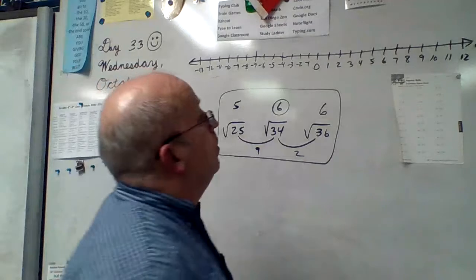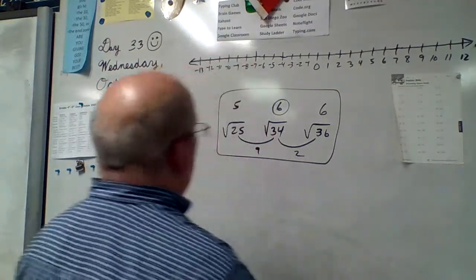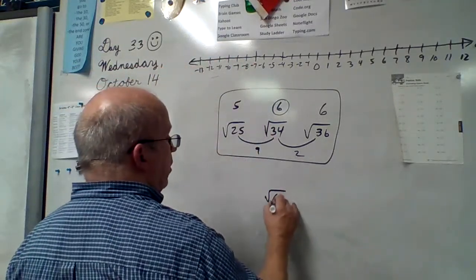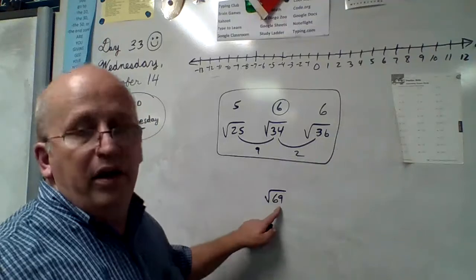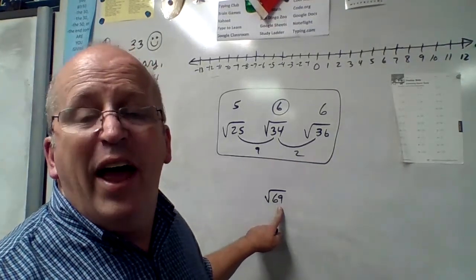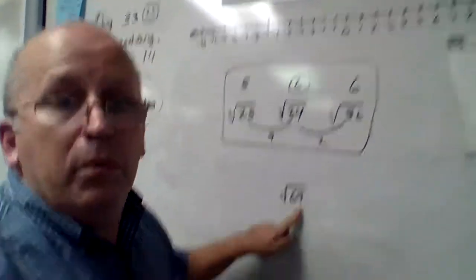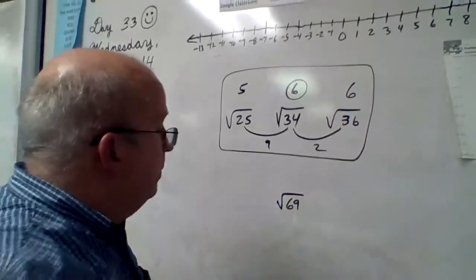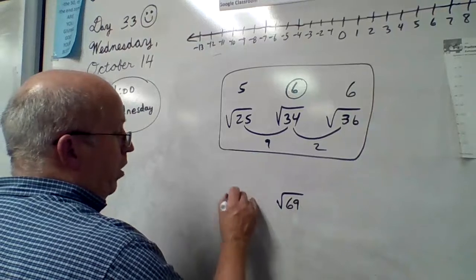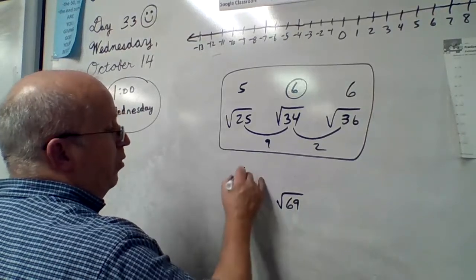Let's do another one. What if somebody said to you, what is the square root of 69, estimated to the nearest whole number? Okay, well, what do I know? I know that the square root of 64 is 8.